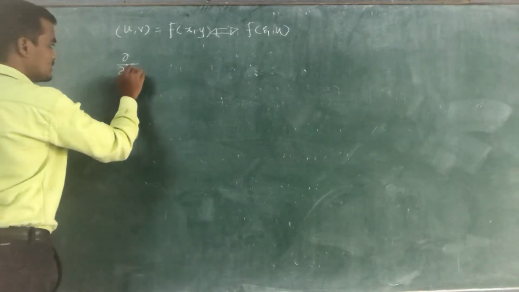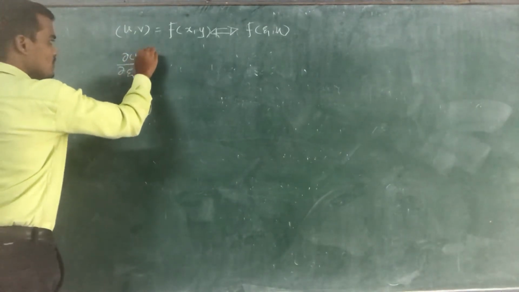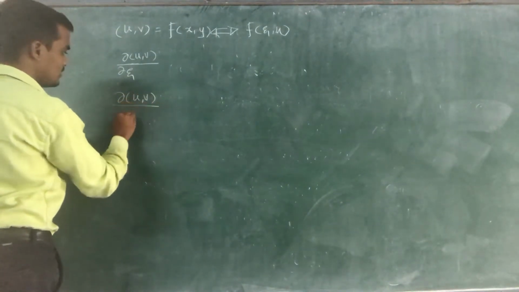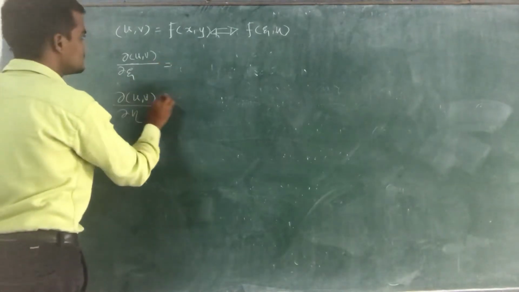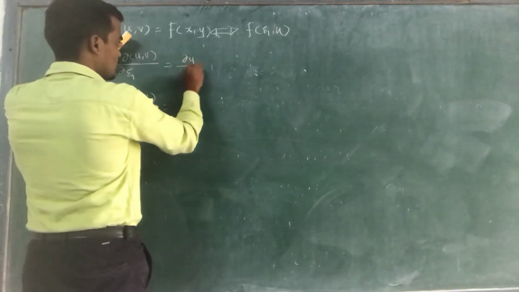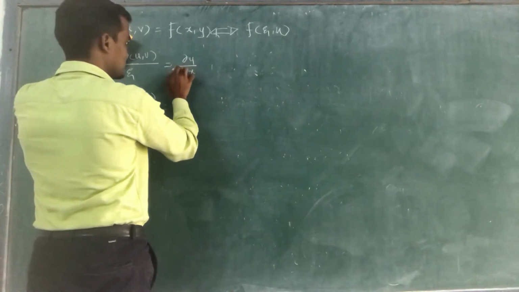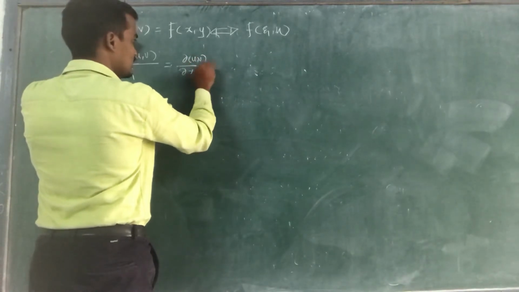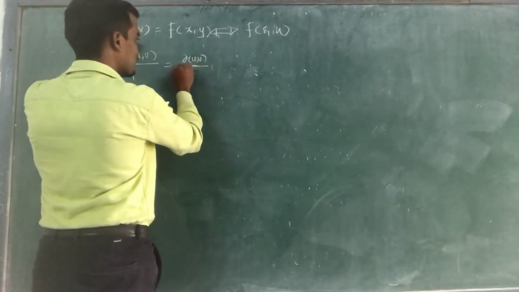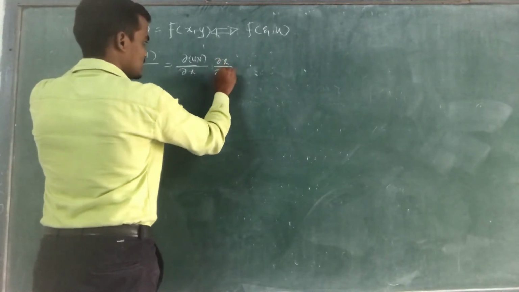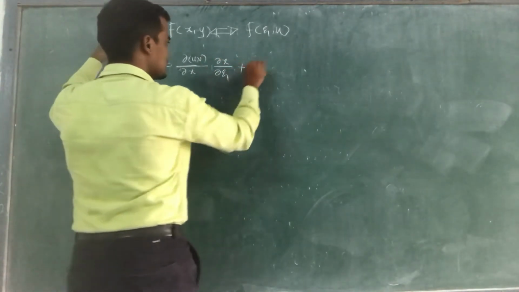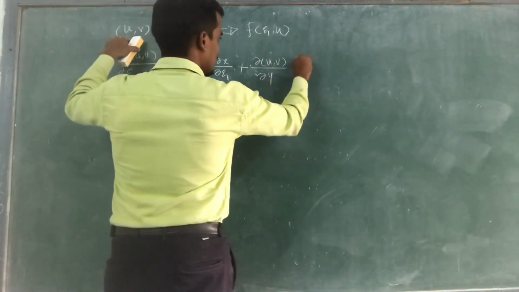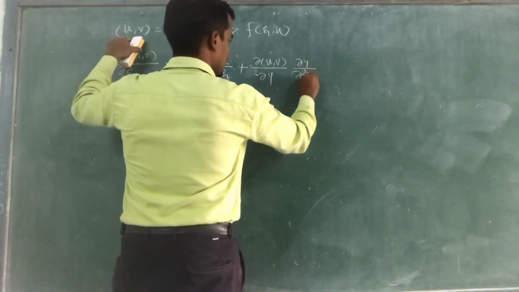Dou u comma v by dou zeta, similarly dou u comma v by dou eta. We can write it as dou u comma v by dou x into dou x by dou zeta plus dou u comma v by dou y into dou y by dou zeta.